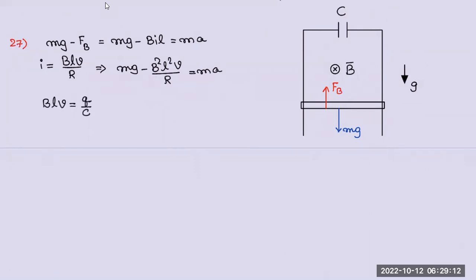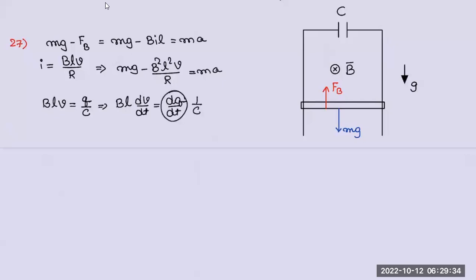What is the formula? Q by C. That implies, differentiating, BL dV by dt is equal to I by C. Will you accept it? Instead of writing I by C, dq by dt into 1 by C. Clear?